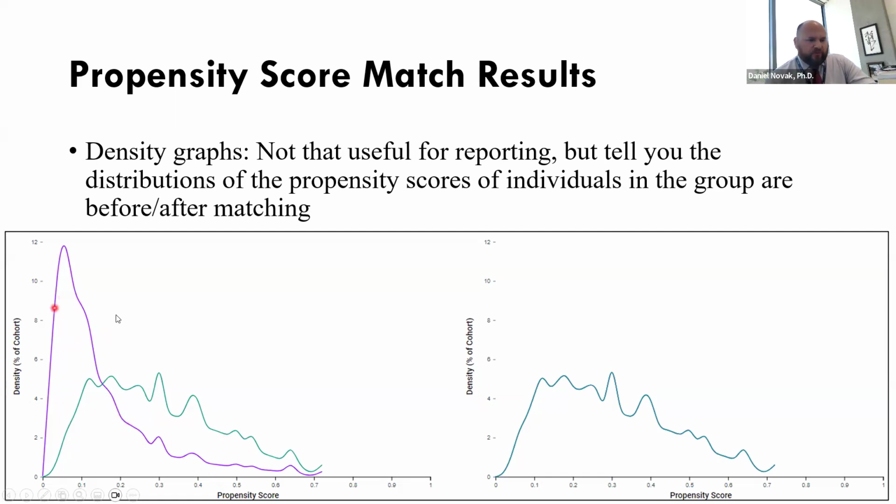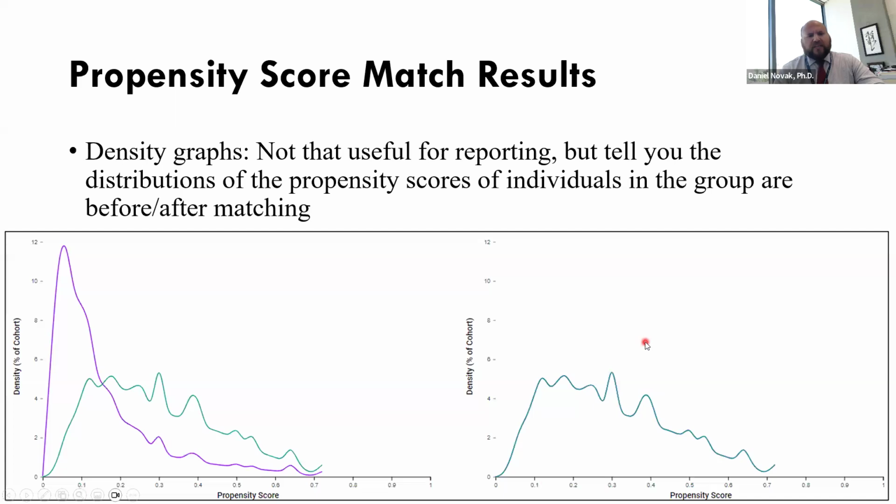You can see that my purple group, my statins group, there's a lot of propensity to be in that group. There's a lot more illness. There's a lot more random characteristics that are impacting them. After matching, though, there's not really a lot of propensity for people to be in one group or the other. We've controlled for a lot of characteristics, so there's a lot of overlap in this graph between our two groups.